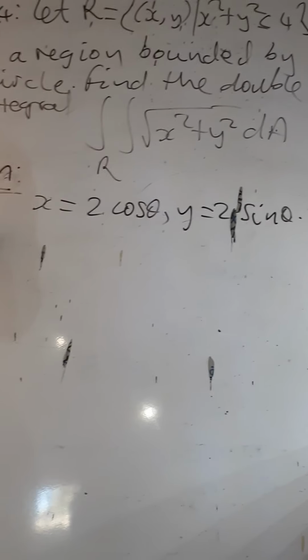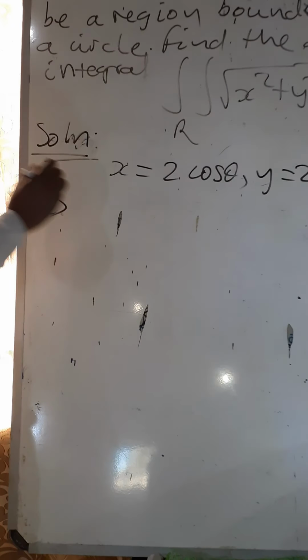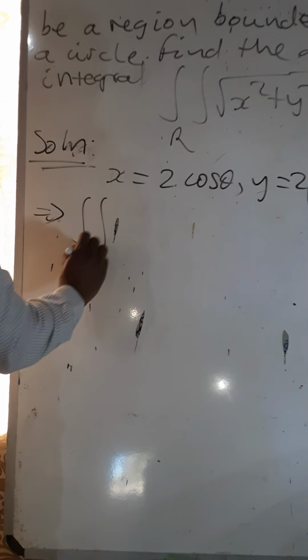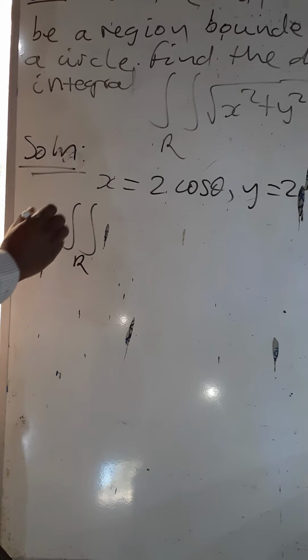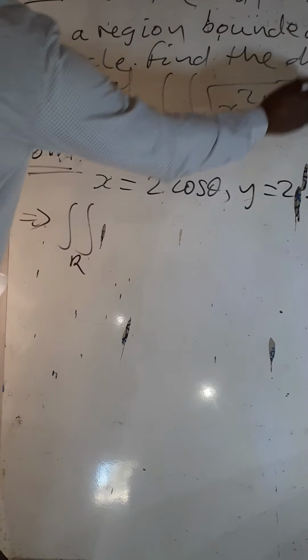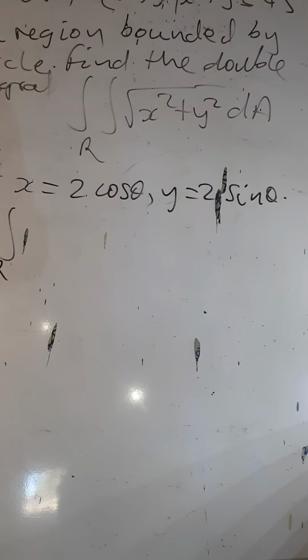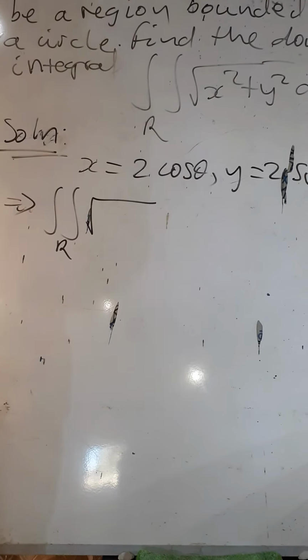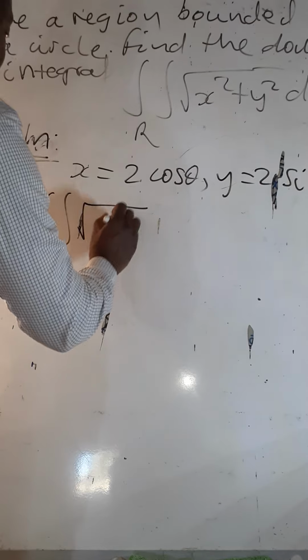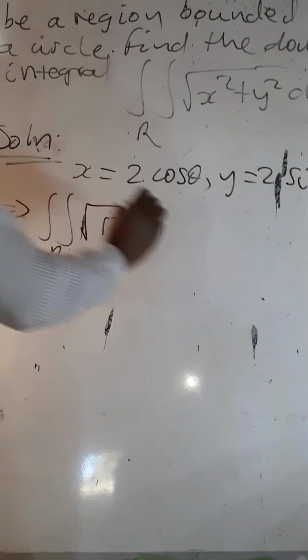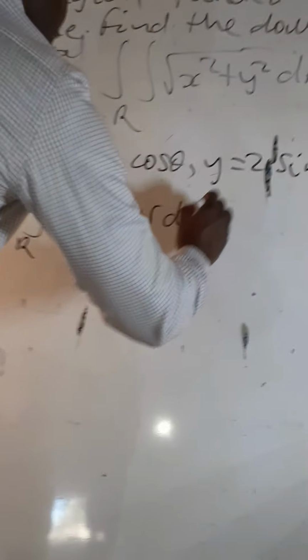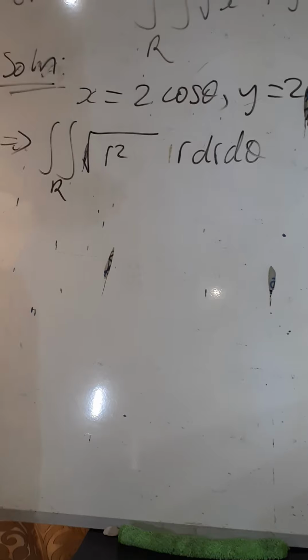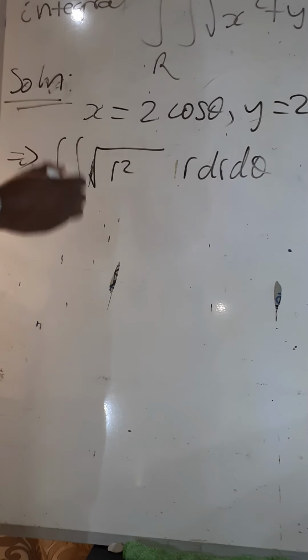So, which then means our integral, instead of square root of x squared plus y squared, we then put square root of r squared. Then r dr d theta. But what is the square root of r squared? Square root of r squared is simply r, then times r there.